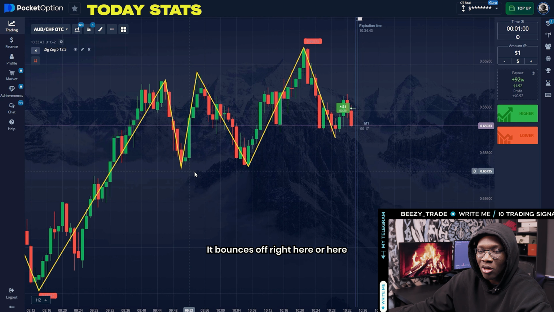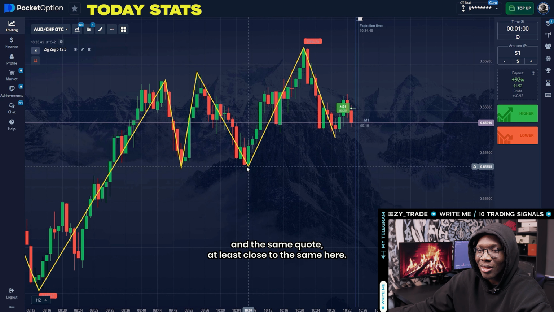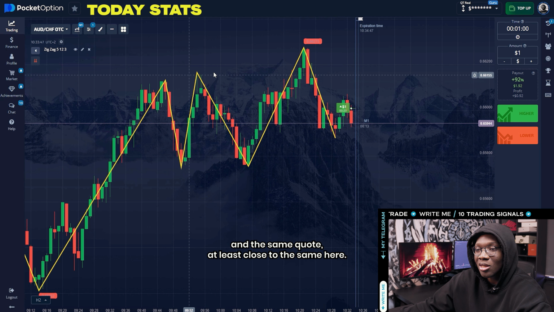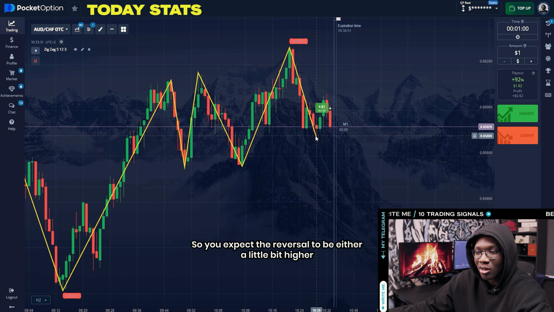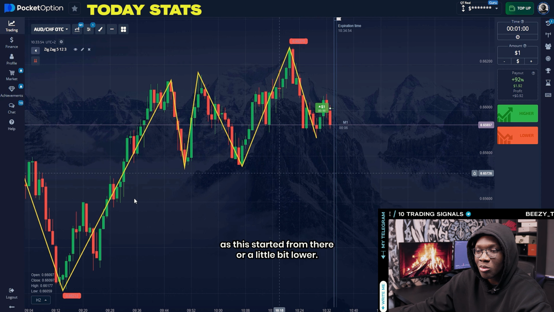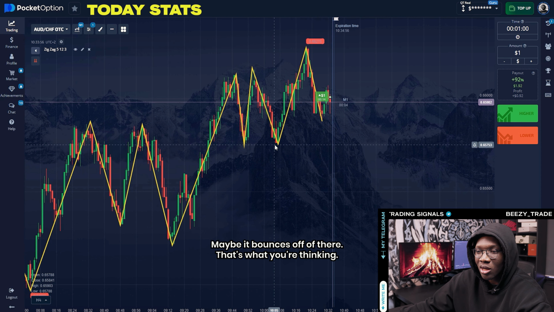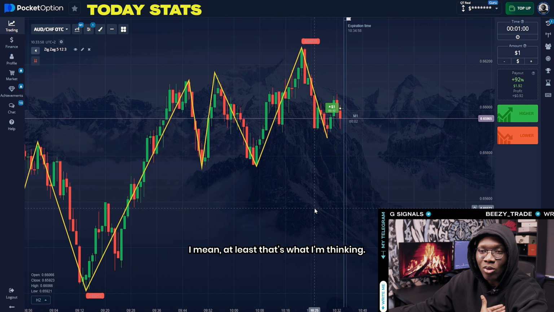It bounces off right here or here, and at least close to the same here. So you're expecting the reversal to be either a little bit higher, as it started from there, or a little bit lower. Maybe it bounces off of there. That's what you're thinking. I mean, at least that's what I'm thinking.